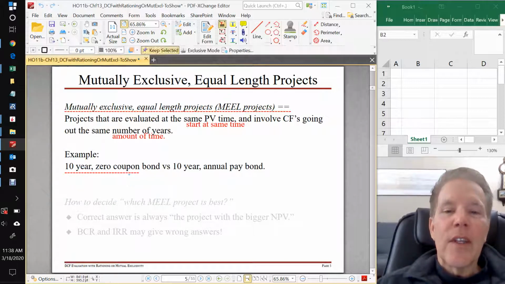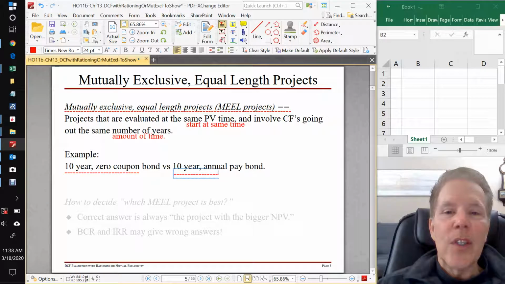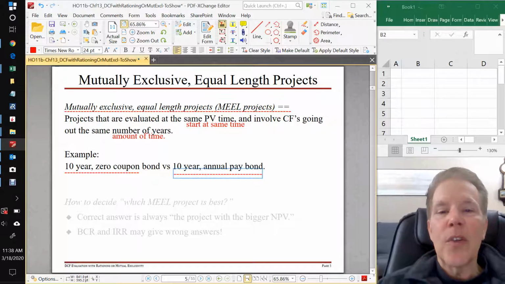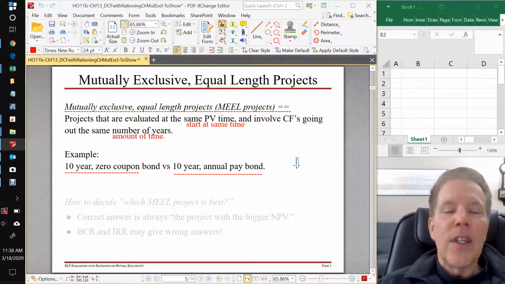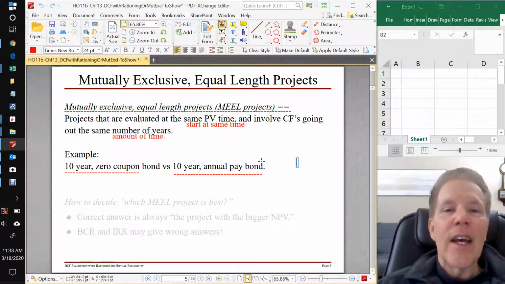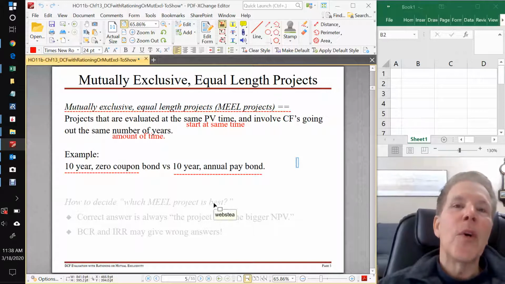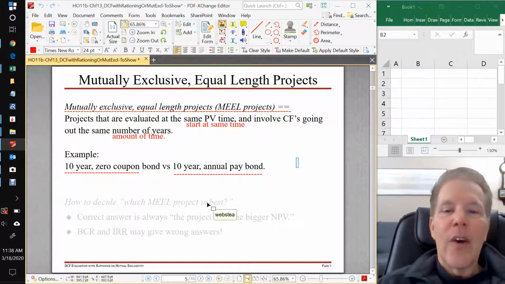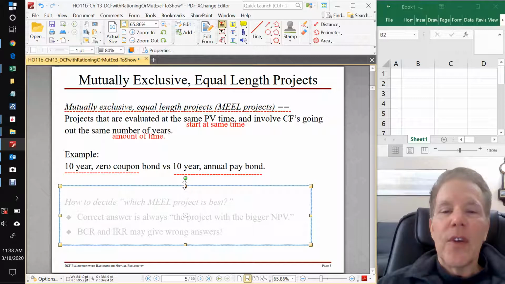And this bond is going to have cash flows every year from t equals 0 when you purchase the bond out to t equal 10. And that's the key. They both end at t equal 10. They both go out for the same number of years, the same amount of time, and they're both starting today, at t equal 0.